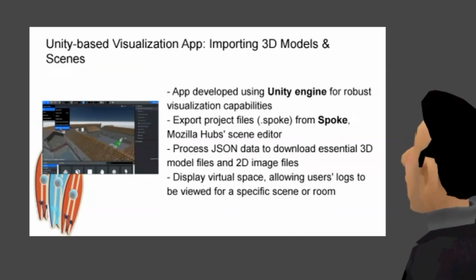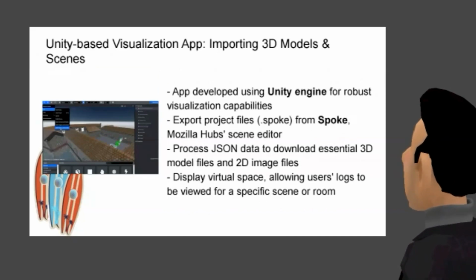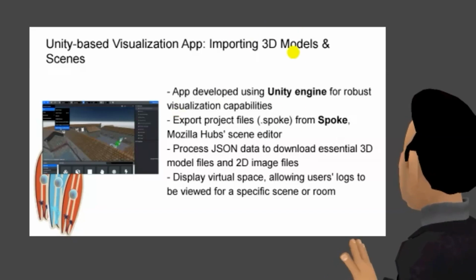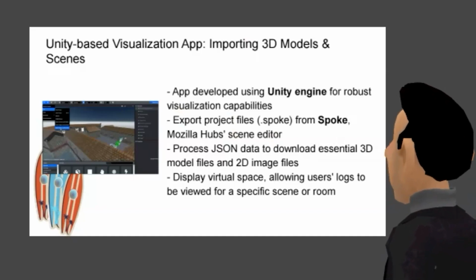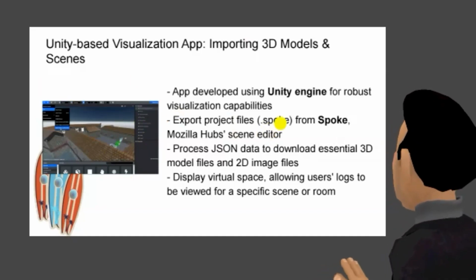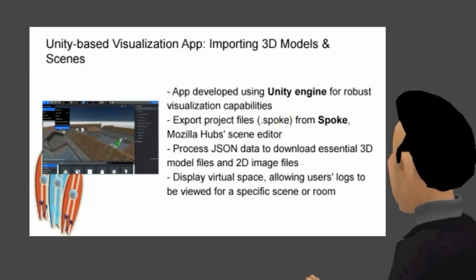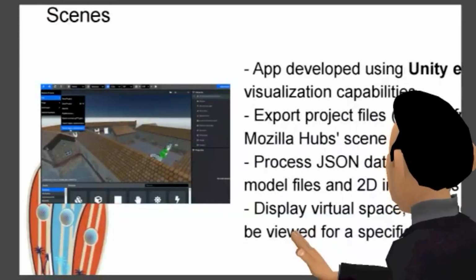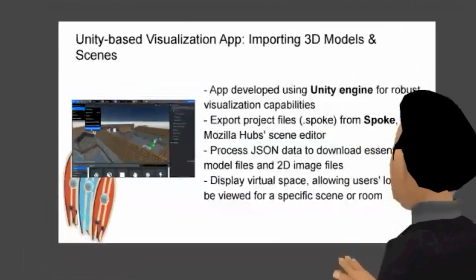And I developed a Unity-based app to visualize data. The Unity engine is very useful for its robust visualization capabilities. First, I exported the project file, the .spoke file, from Spoke, which is Mozilla Hubs' scene editor.